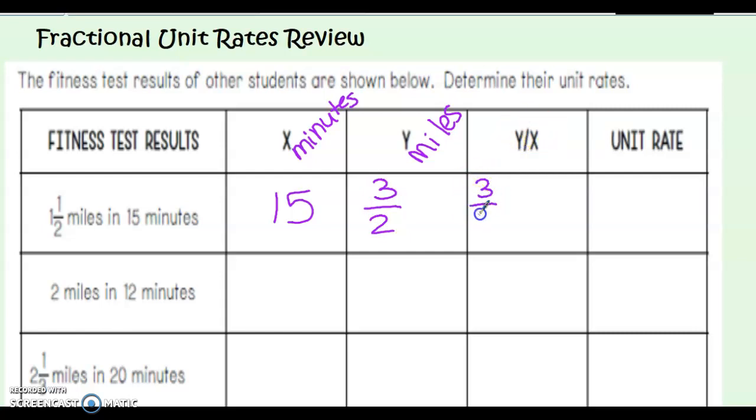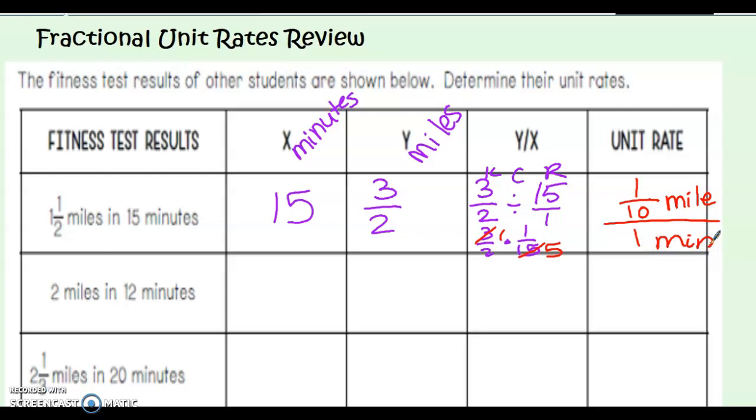So 3/2 divided by 15. Keep change reciprocal. Cross simplify. Then we multiply 1 times 1, which is 1, 2 times 5, 10. This is 1/10 mile per 1 minute.